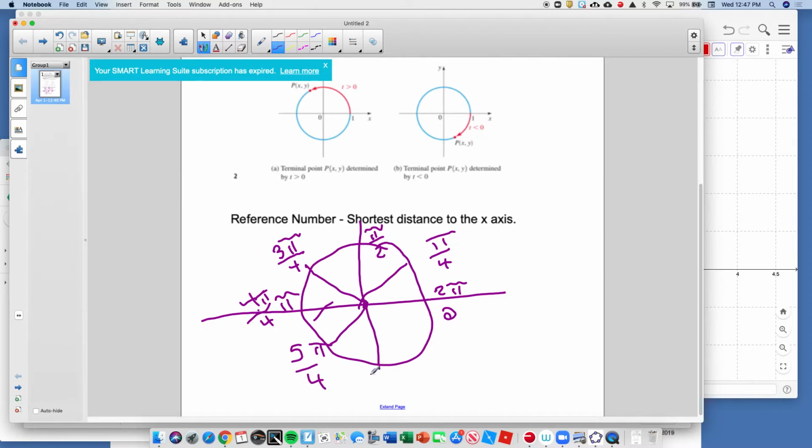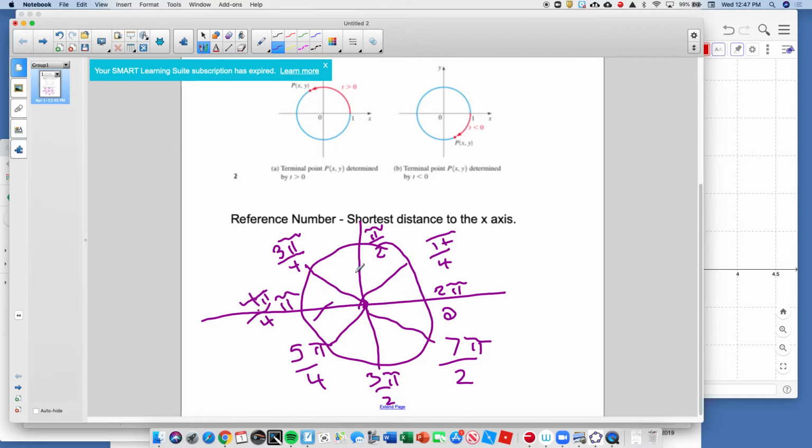And then this would be 6 pi over 4, which reduces to 3 pi over 2. And then if that's 6 pi over 2, then this is 7 pi over 2. Now going back to our terminal angles, right?